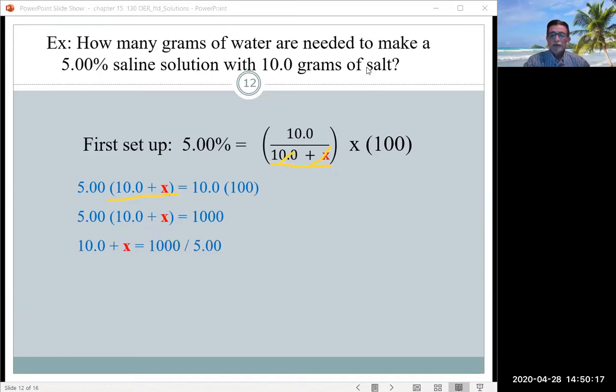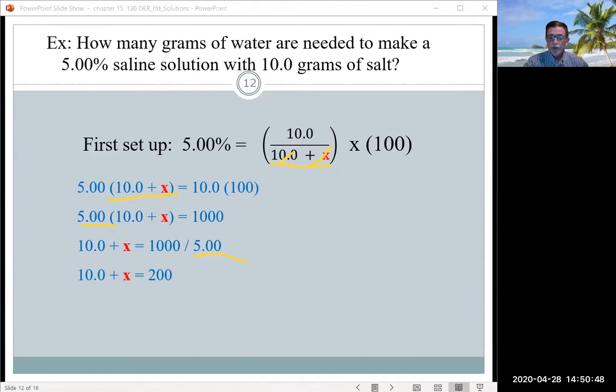Next step was they got rid of the 5 on the left-hand side and put it over here on the right-hand side. And they did that by dividing through by 5 on both sides of the equation. Okay, which simplifies the equation even further. So now they took 1,000 divided by 5, they end up with 200 on the right-hand side, and we have 10 plus x.